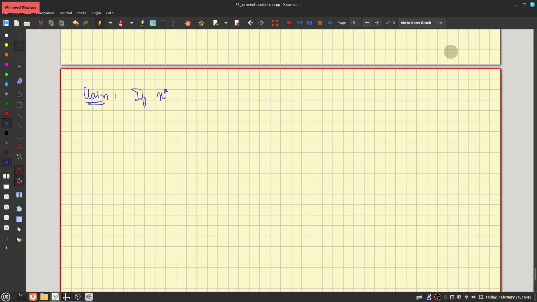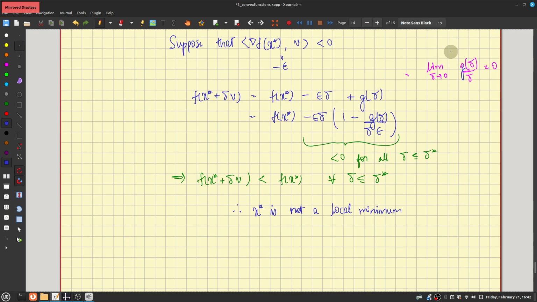Any other question? Delta star is some quantity. This delta star is some fixed number that could depend on x star and of course on f, right? x star comma f, but for our purposes it is some number.